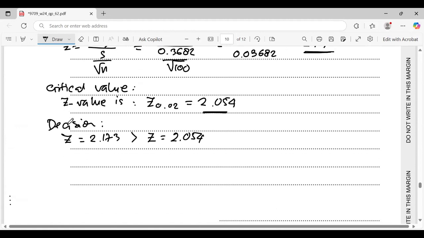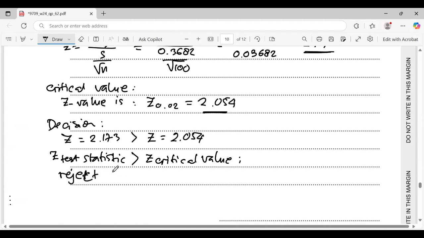So it means the Z-test statistic is greater than the critical value. So we decide to reject the null hypothesis. This is the decision.